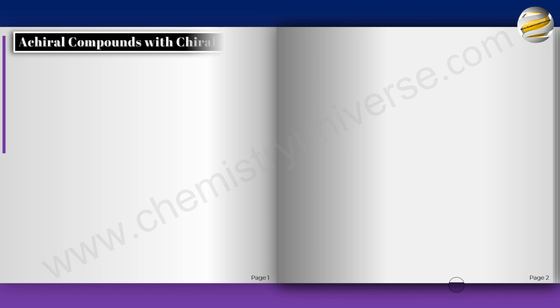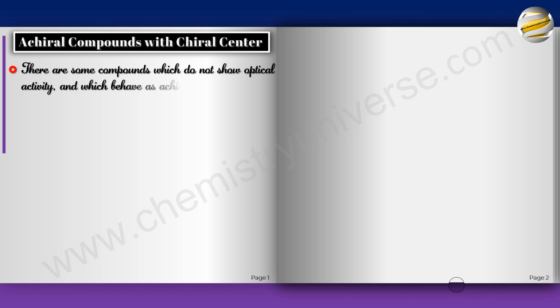So the first thing that we're going to do is chiral compounds with chiral center. I'm going to show you a molecule which has a chiral center but is not optically active. Now there are some compounds which do not show optical activity and which behave as achiral molecules though they have a chiral center.